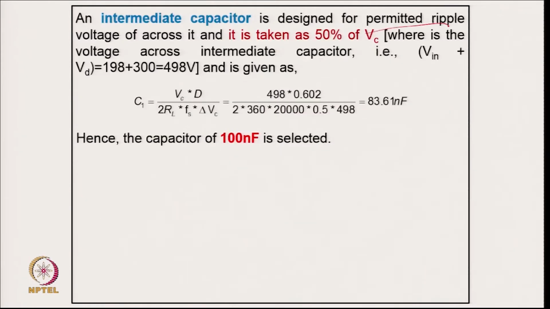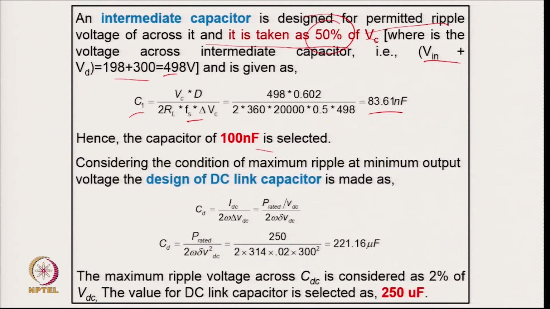An intermediate capacitor is designed for a permitted ripple of 50% of the capacitor voltage, and the capacitor voltage comes to Vin plus Vout. For the given specification, putting the values, it comes to 83.61 nanofarad, and we select 100 nanofarad to make sure that the ripple is much lesser than 50%. Now, considering the condition of maximum ripple at the minimum output voltage, the design of the DC link capacitor is made from CD equal to IDC upon 2 omega into delta VDC.